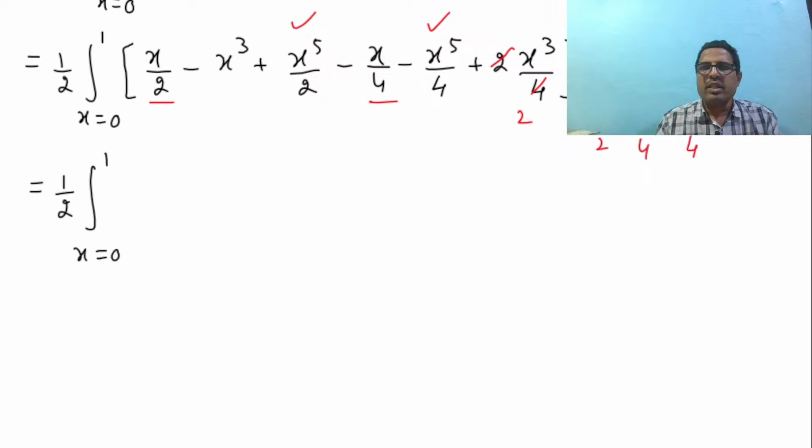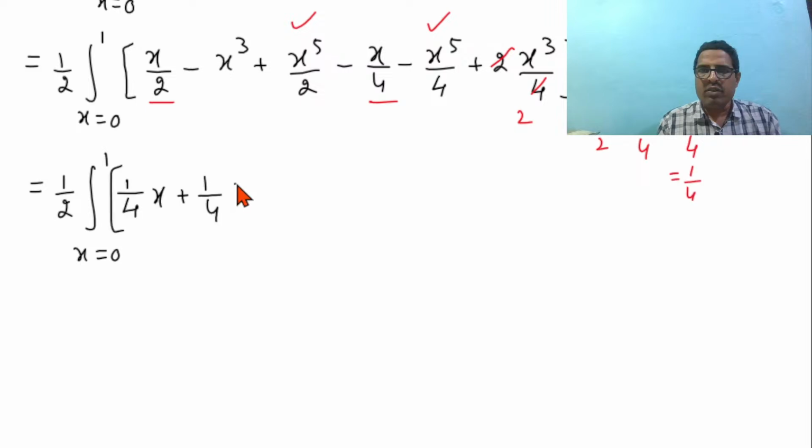So, this 2 minus 1 will be 1, 1 by 4 you will be getting. If you just simplify by yourself, you will get the value 1 by 4 times of x, these 2 terms. Now, coming to this x power of 5, here also you are having 1 by 2 minus 1 by 4, same term. Once again, you will be getting 1 by 4 times of x power of 5.